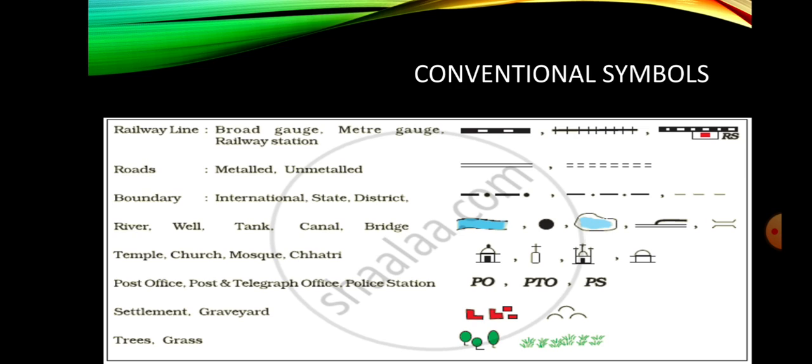Roads, metallic and unmetallic, boundaries: international, state, district, rivers, wells, canals, bridges, temples, church, mosque, post office, post and telegram office, police station symbols, even settlements, graveyard, trees, grass, etc. All these symbols we find on the maps.